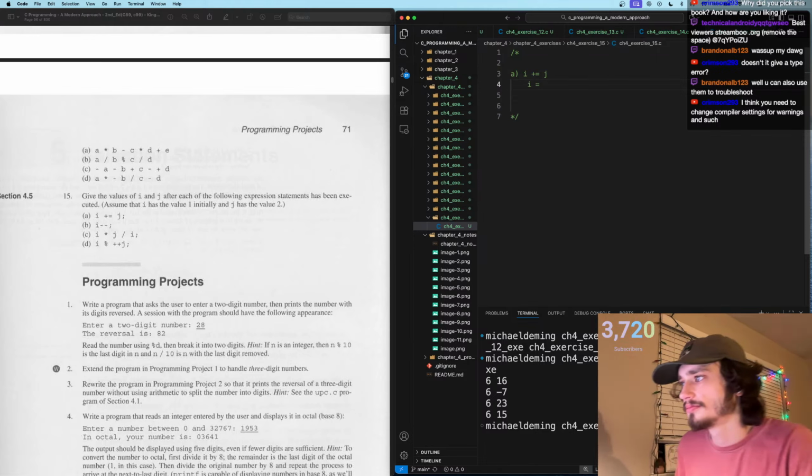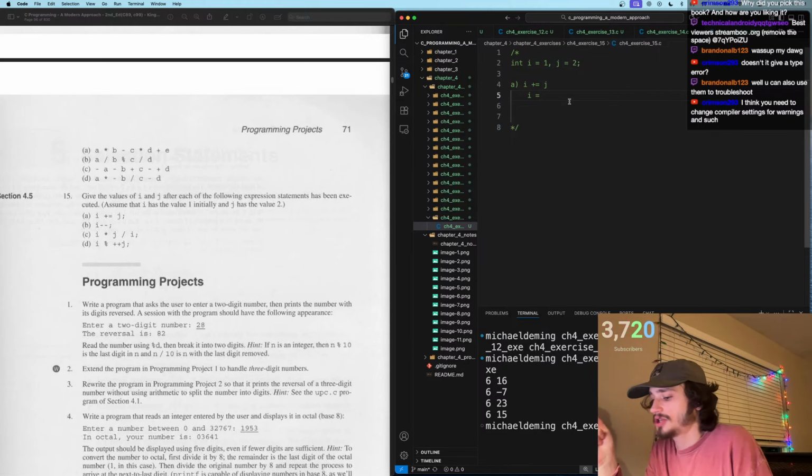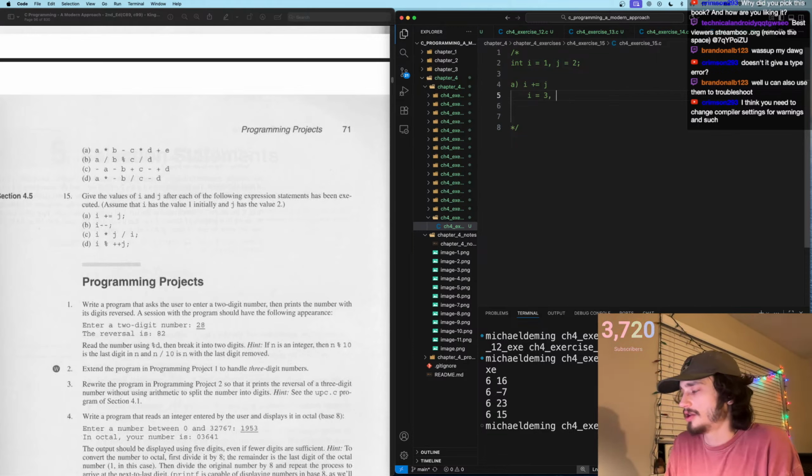So I, in this case, would become plus equal to J, so this would be 3, and J would equal just 2.